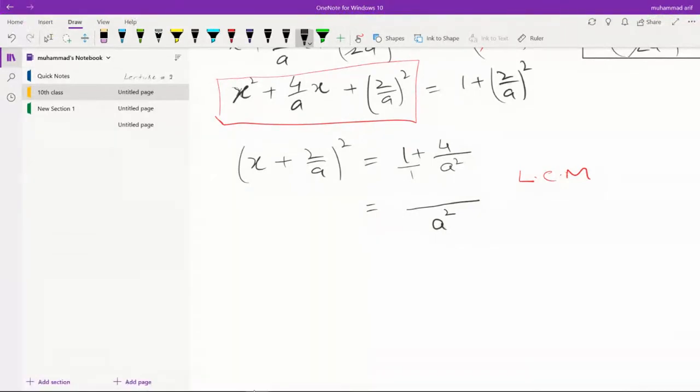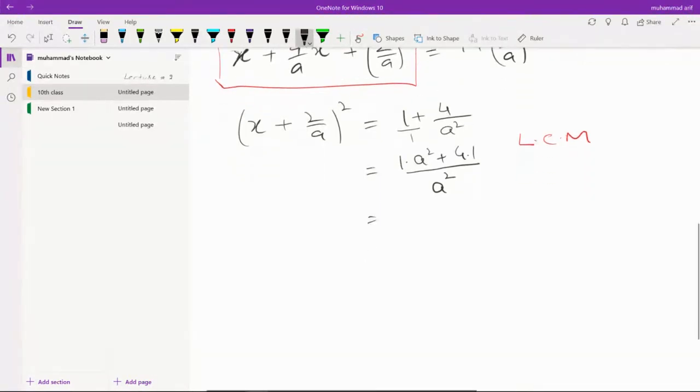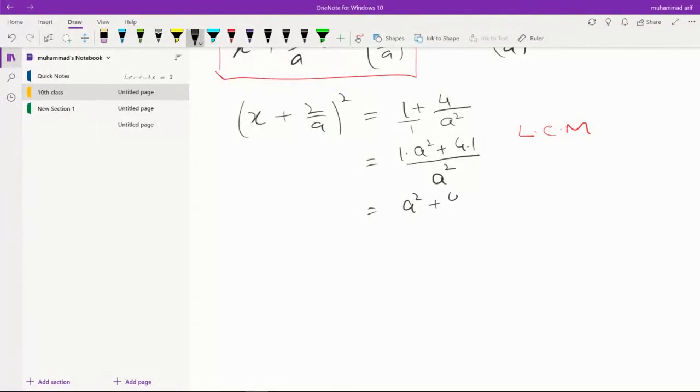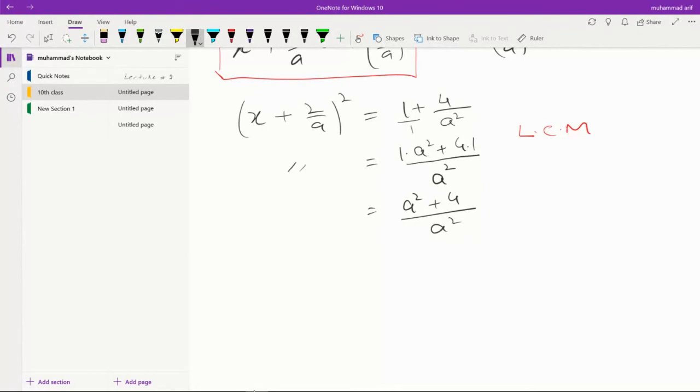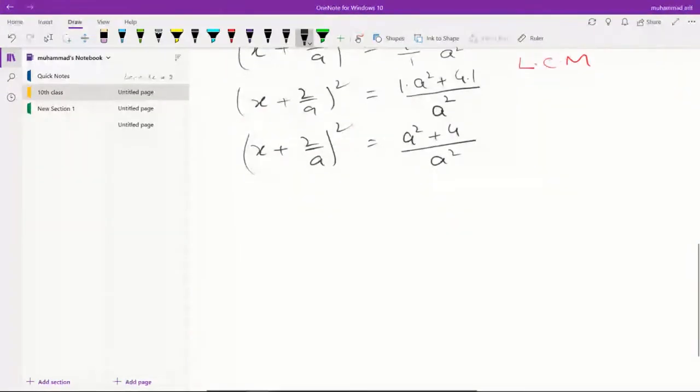It is a square. 1 multiplied by a square and 4 multiplied by 1: a square plus 4 by a square, and on left hand side we have x plus 2 by a whole square.